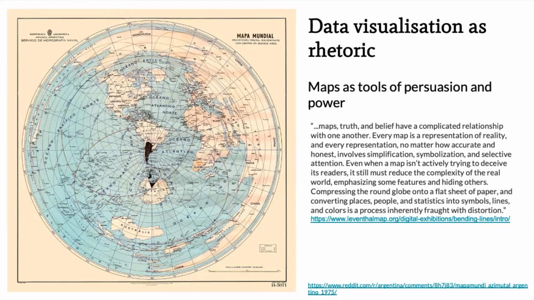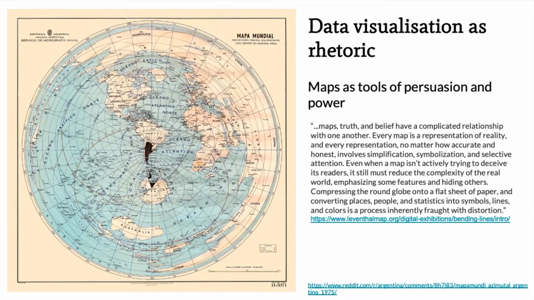Even when a map isn't actively trying to deceive its readers, it still must reduce the complexity of the real world, emphasizing some features and hiding others, compressing the round globe onto a flat sheet of paper and converting places, people, and statistics into symbols, lines, and colors is a process inherently fraught with distortion.